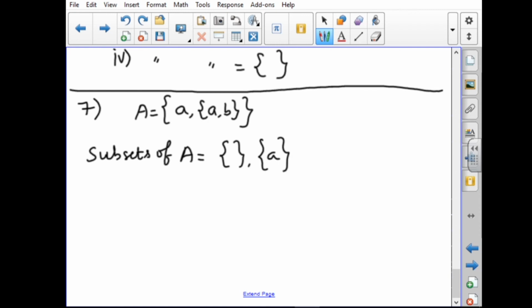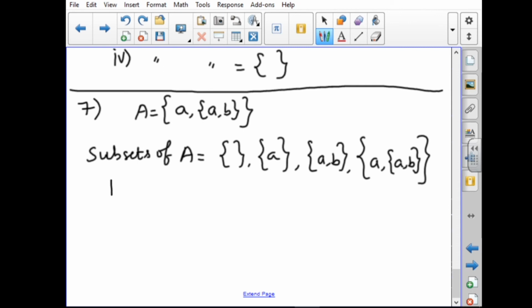Here the set A comma B, you should not separate this B alone, okay. This is one element, A comma B is the set, A comma B is only one element, you should not separate this, okay. So that is A comma B, and next one A comma and set bracket A comma B, okay. These are the subsets. Suppose they are asking for the power set, then for these elements you have to use the overall set bracket, okay.